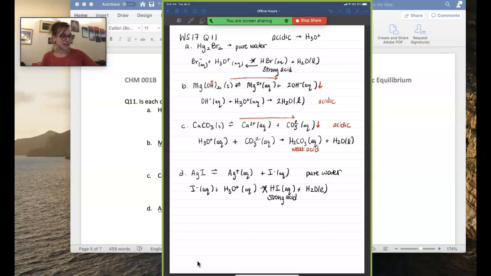But if the anion is the conjugate base of a weak acid, like in the example of hydroxide or carbonate, then those anions will react with the abundance of hydronium ions to form those weak acids, and that will affect the solubility equilibria of these solids, right? And then we can understand how it impacts it based on Le Chatelier's principle.